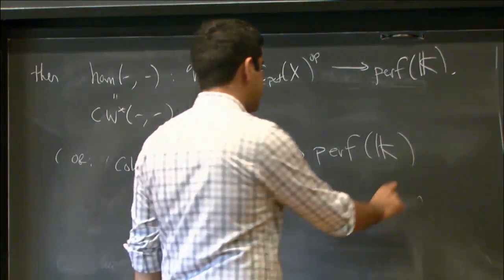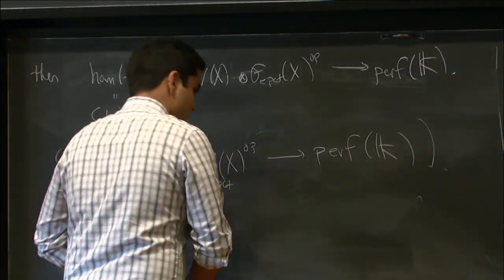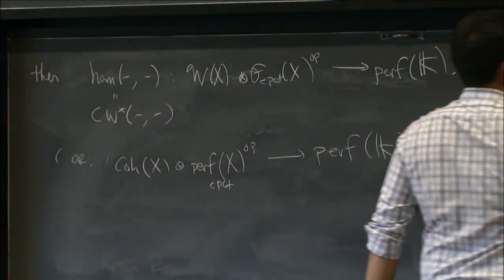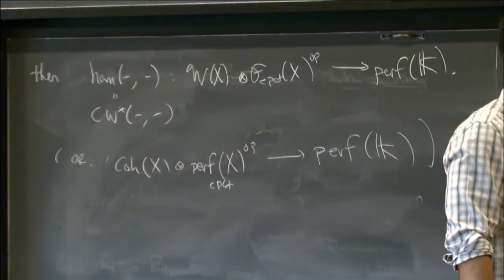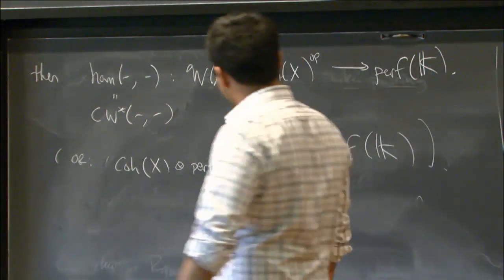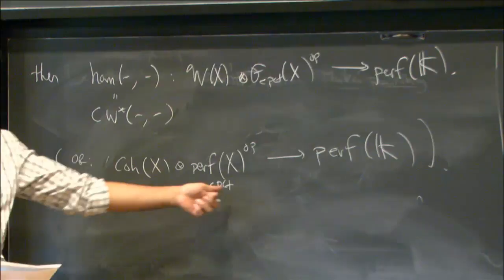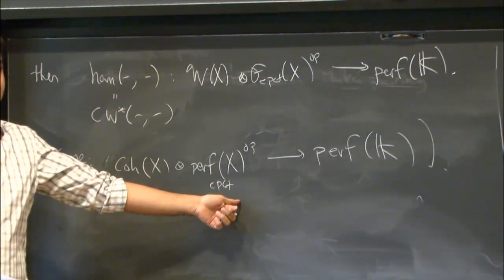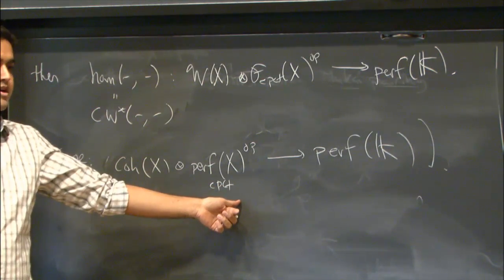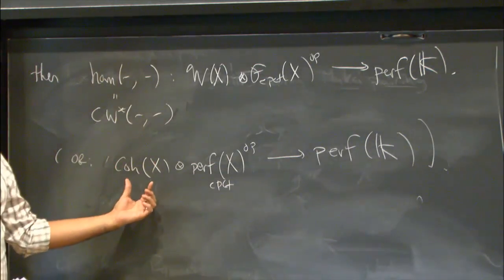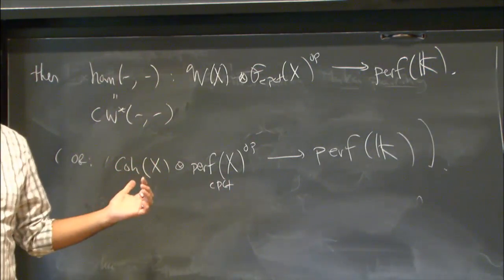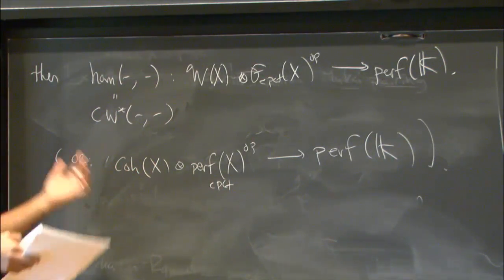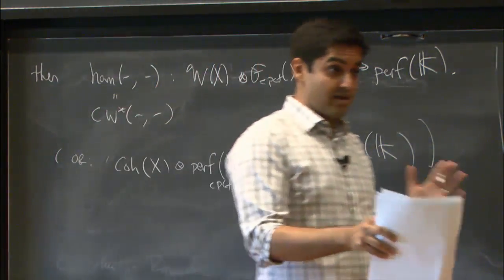Same situation. Sorry, these are not smooth and proper? Yes, that's right. Well, this is smooth, that's proper. An interesting thing is that sometimes a smooth category and a proper category have a perfect pairing anyway, even though a given one of them isn't smooth or proper.